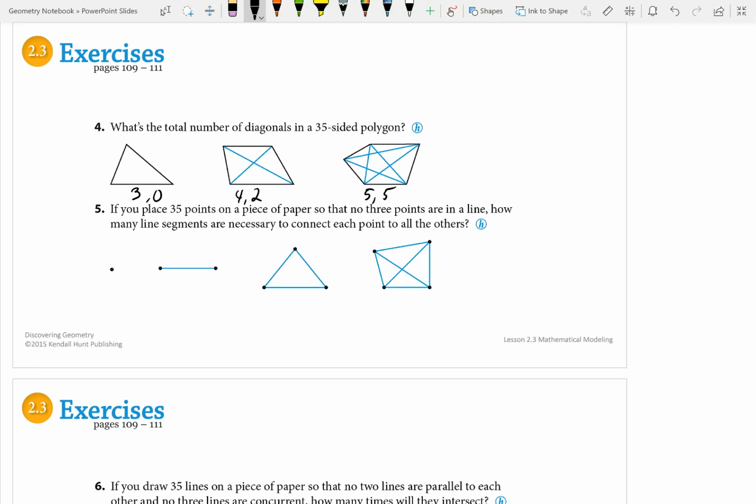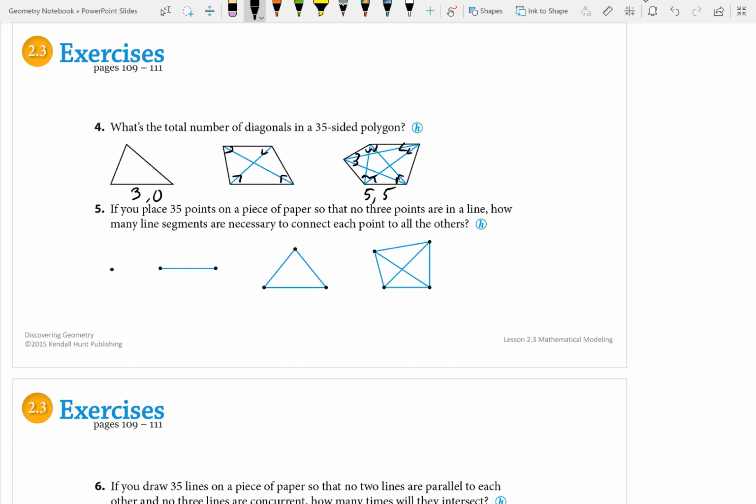I can see here that every single vertex has 1 coming out, 1, 1, 1, and then 2 coming out. Oh, look at that.